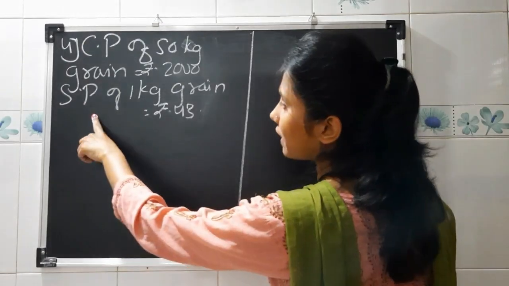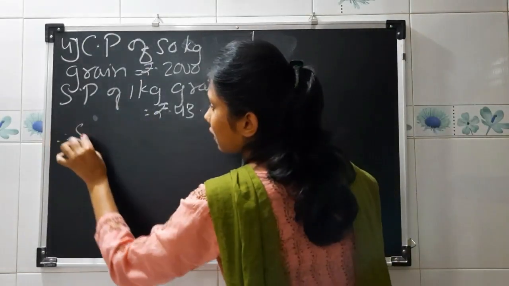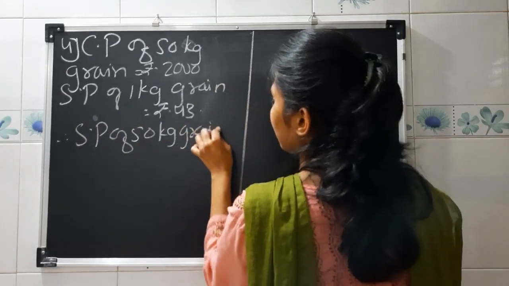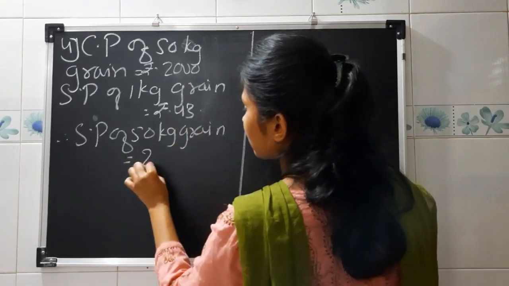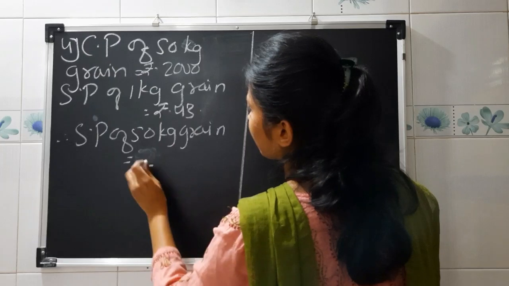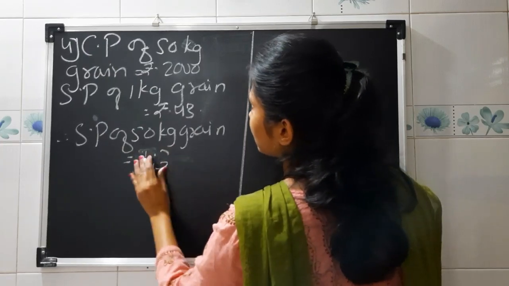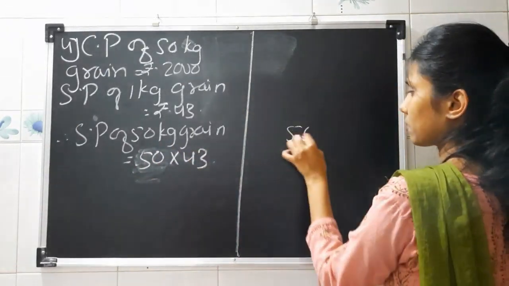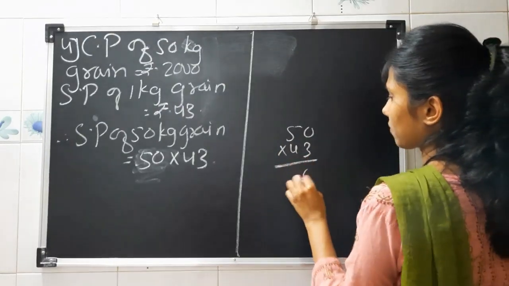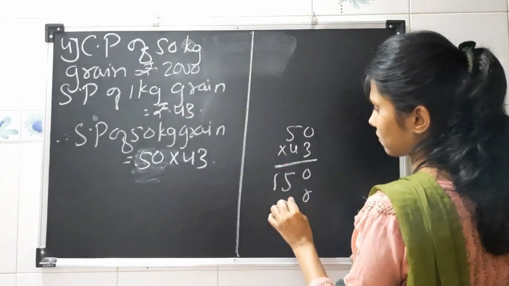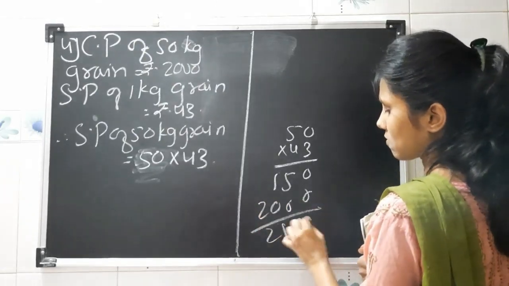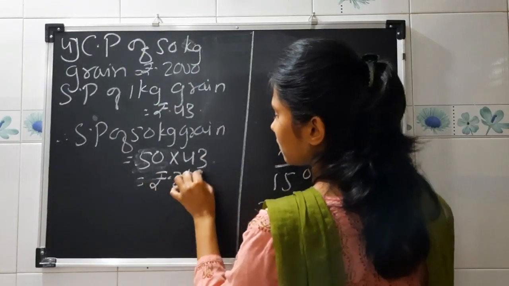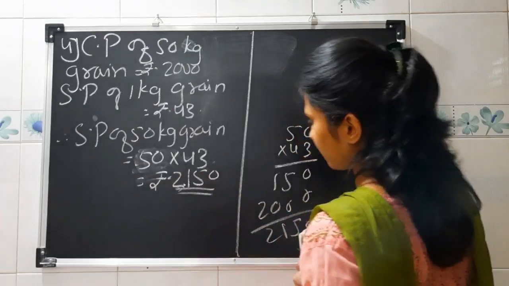So first we have to find out the selling price of 50 kg. Therefore selling price of 50 kg grain is equal to 50 into 43. So selling price of 50 kg grain is rupees 2150.